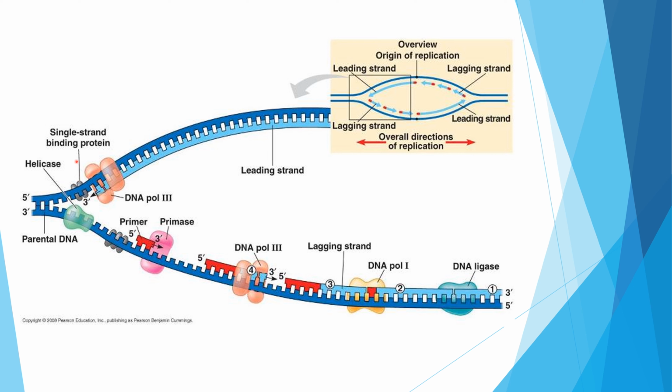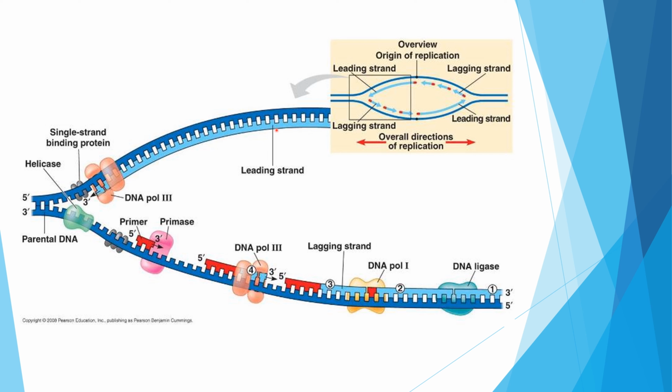These are the single-stranded binding proteins that bind to the newly separated individual DNA strands, keeping the strands separated by holding them in place so that each strand can serve as a template for new DNA synthesis.